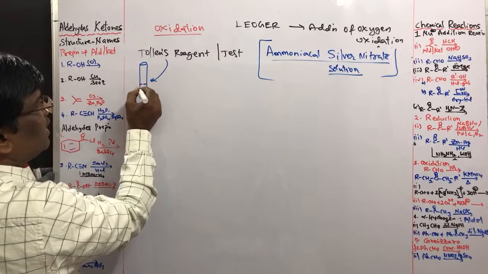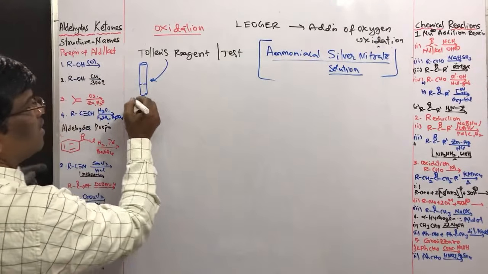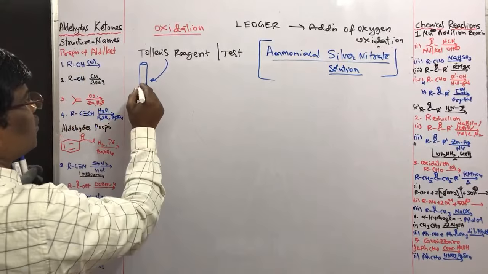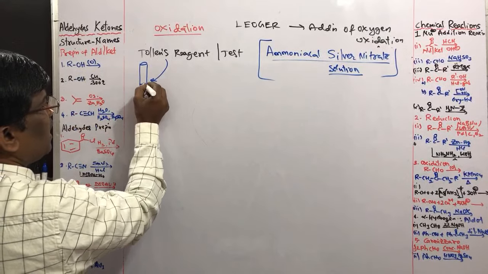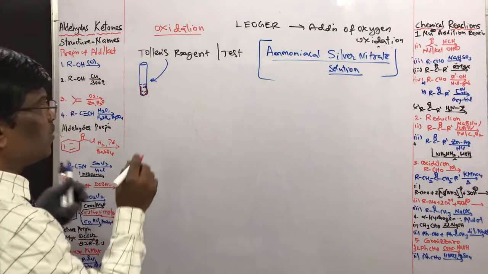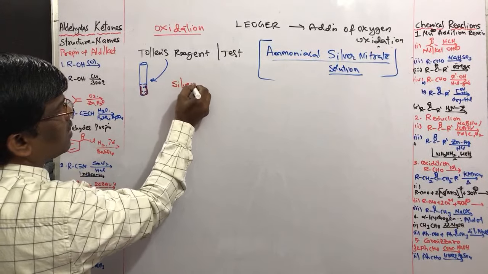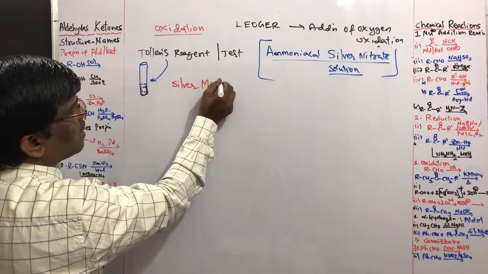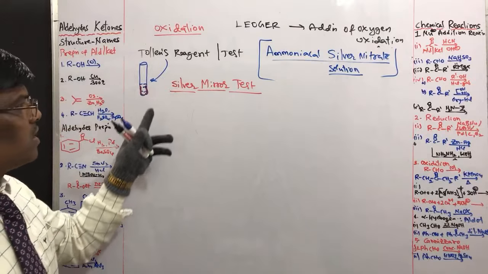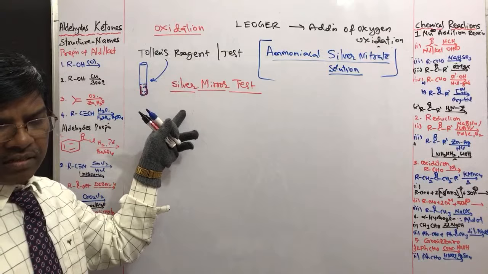When I add ammoniacal silver nitrate, it releases silver, and that silver forms a bright layer. This test is also known as, though it is not given in your textbook, the silver mirror test. It may be asked in some entrance exam. Silver mirror test is the Tollens test. So please write this down also.